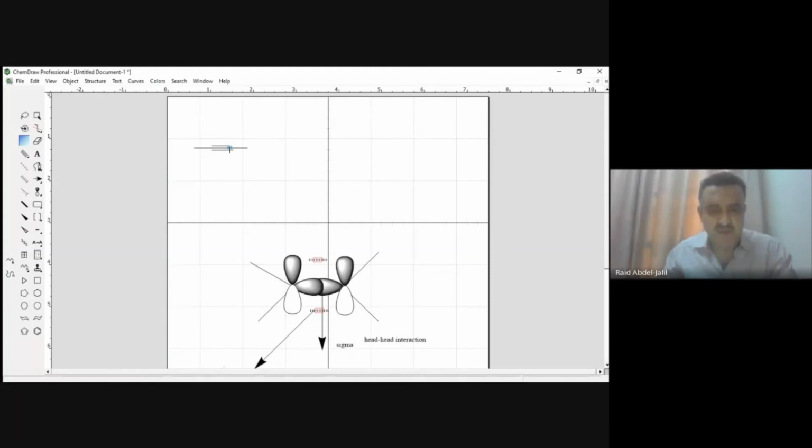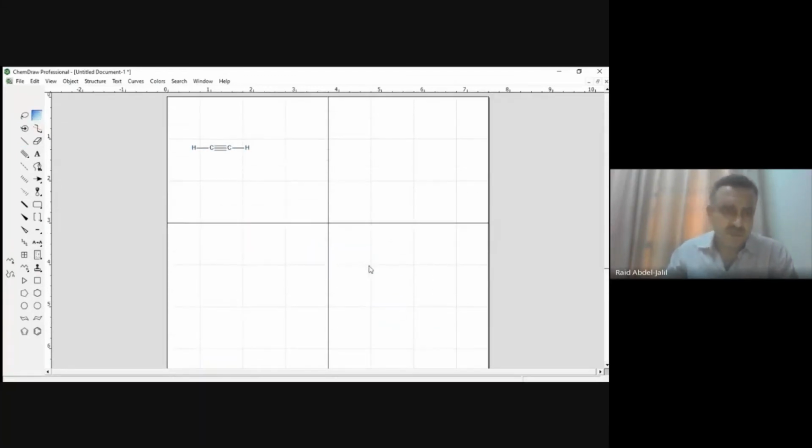So we have here carbon, and here carbon, then here hydrogen, and here hydrogen. This is the acetylene gas, and it has a molecular formula of C2H2. This is called acetylene gas. You see it. All right.